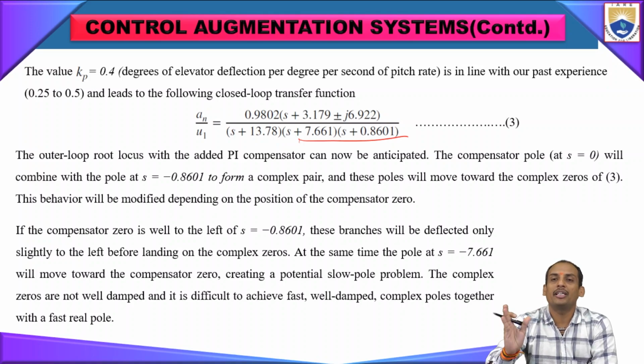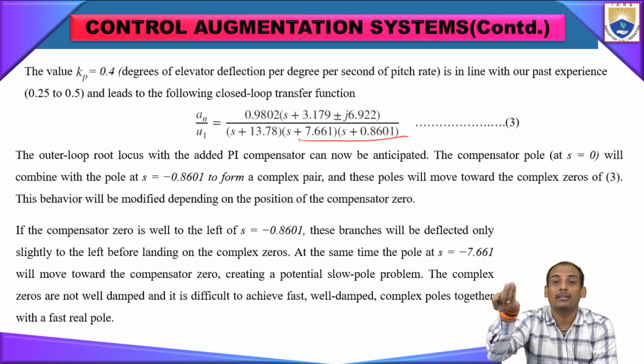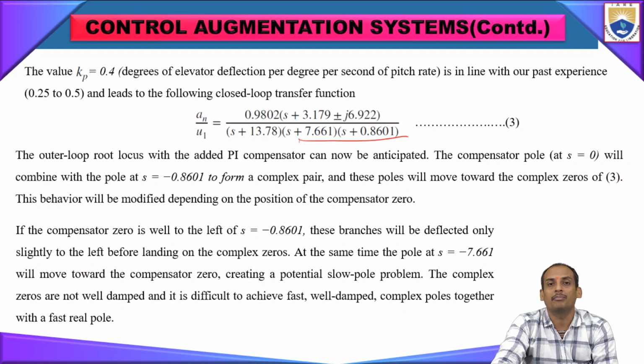At the same time, with a pole at minus 7.661, that will move the compensator zero. How the compensator zero moves toward the imaginary axis, and how the overshoot comes out, we have seen in the previous example.